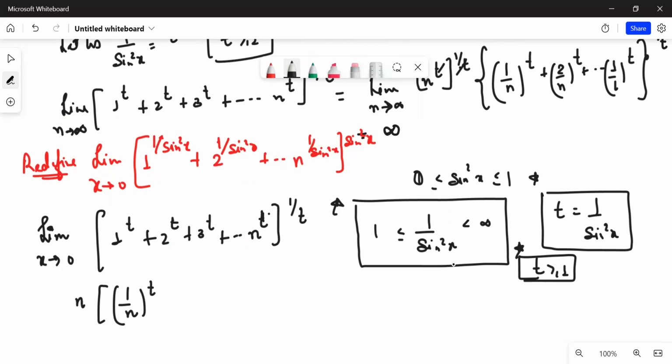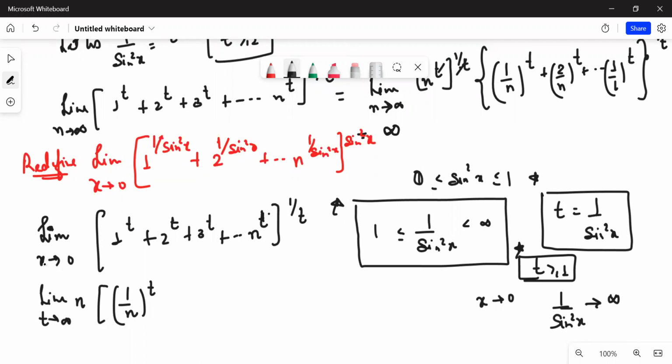Now, x tends to 0. So if x tends to 0, where will 1 upon sine square x go? 1 upon sine square x would go to infinity, isn't it? And t is 1 upon sine square x. So instead of writing limit x tends to 0, should I not write limit t tends to infinity?